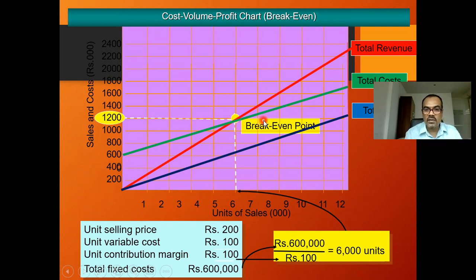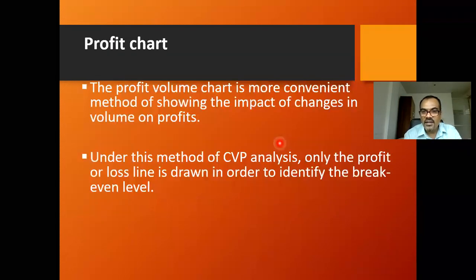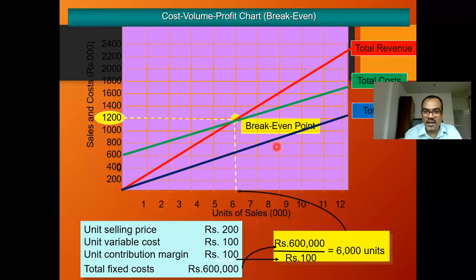You can go to any point here. When you produce 8,000 units, your total cost is 1,400, the green line. So if you come down to the total variable cost, actually it has not been drawn to proper scale. That's the reason. It should really cut here, at 800.